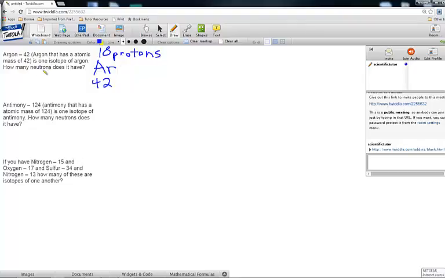To figure out how many neutrons it has, we use the formula: the mass minus the protons equals the neutrons.